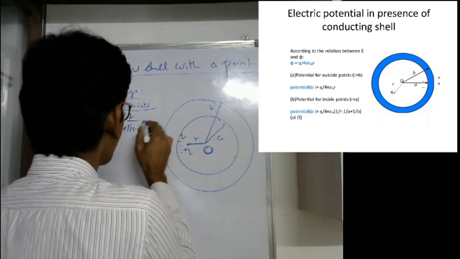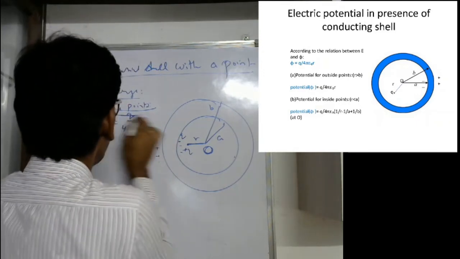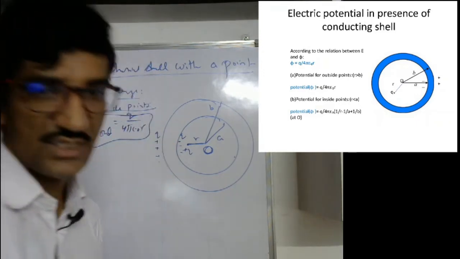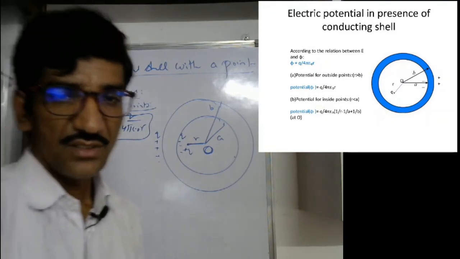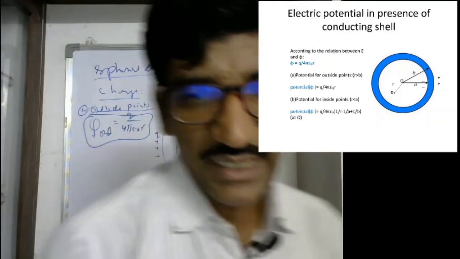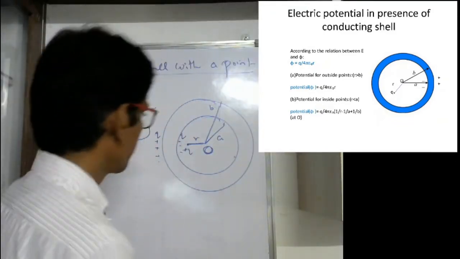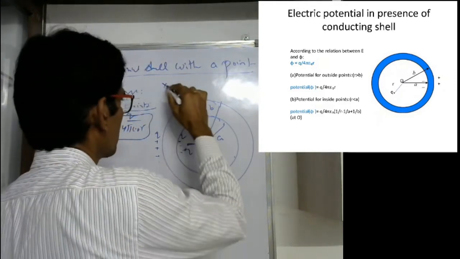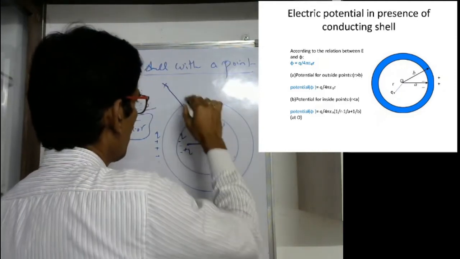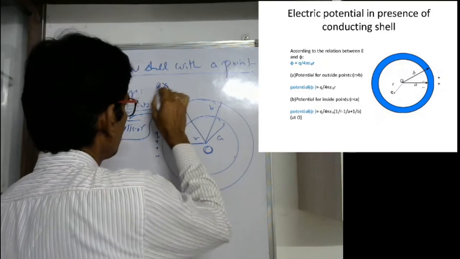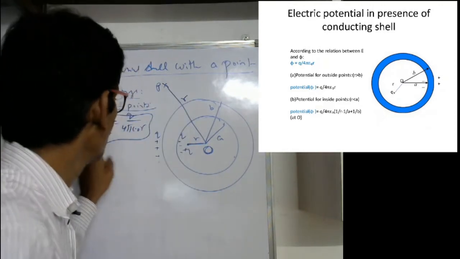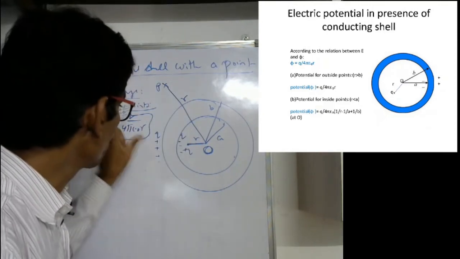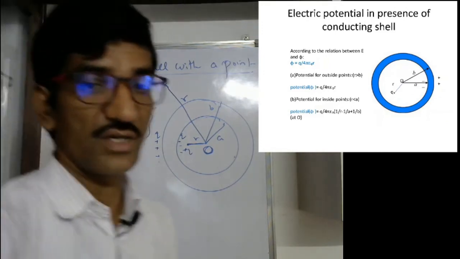Let us call this capital R. Q by 4 pi epsilon naught R. So the potential at an outside point P, located at a distance of small r, is given by phi out, which is equal to Q by 4 pi epsilon naught R. Right?